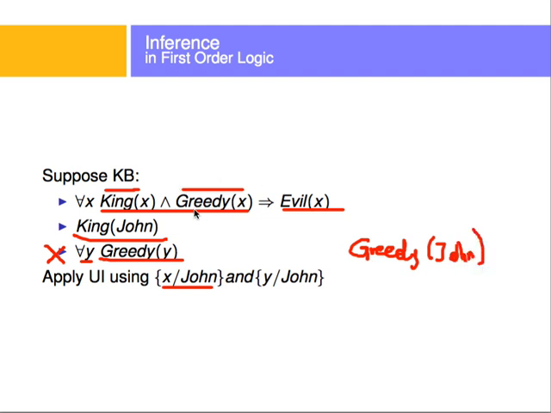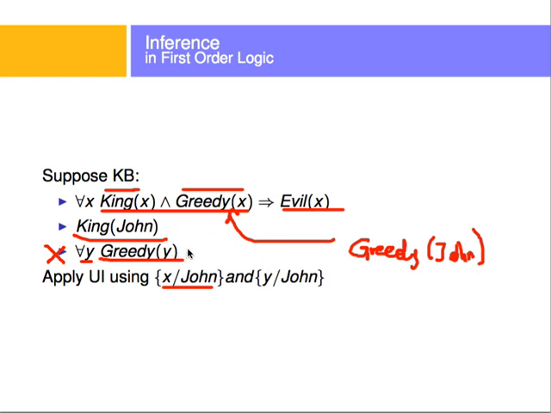And then we can substitute this rule over there, right? So with this, if I grab all the variables in my knowledge base and I substitute the x with John and the y's with John, I will get rid of both universal instantiations, and I will have a knowledge base full of propositions.